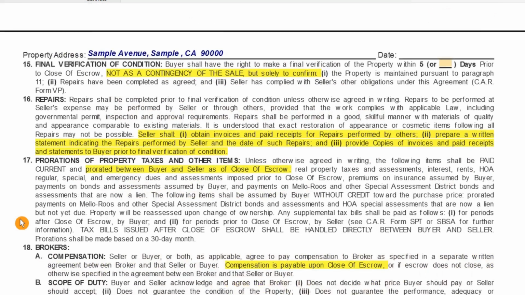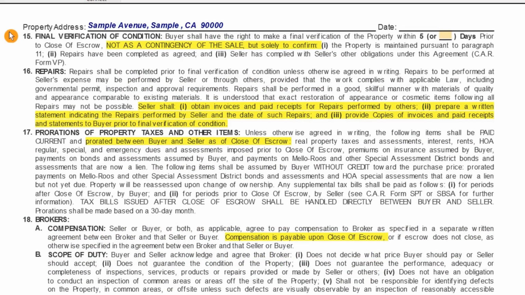On to page 7. Page 7, section 15, discusses the final verification of condition, and it gives the buyer a right to make a final walk through the property within 5 days prior to close of escrow.